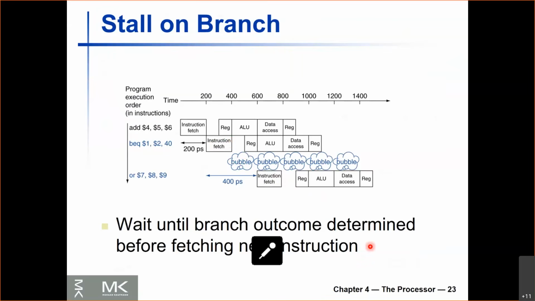Even if we know it's a branch, we still need to know the result, if the registers are equal, and we need to know the target address, all of that. So what we can do is try to predict the branch.